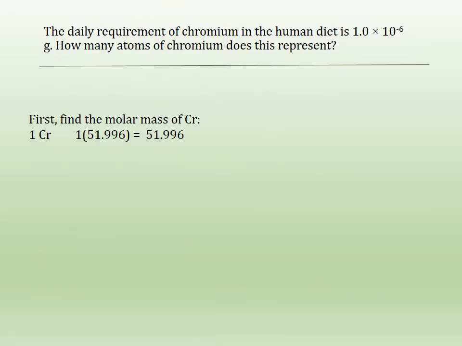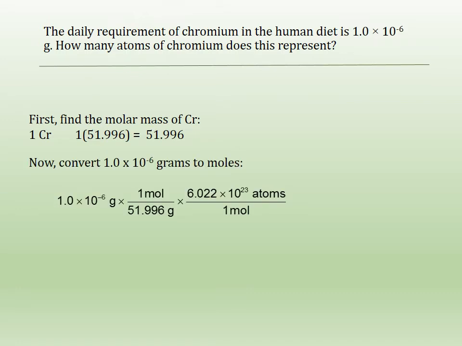All right, the daily requirement of chromium in a human diet is 1.0 times 10 to the negative 6 grams. How many atoms of chromium is this? Okay, so now in this case, you find out the mass. Now this should be the atomic mass of chromium because you're just talking about chromium as an element, but it's written as molar mass because again this is the mass of 1 mole of chromium.